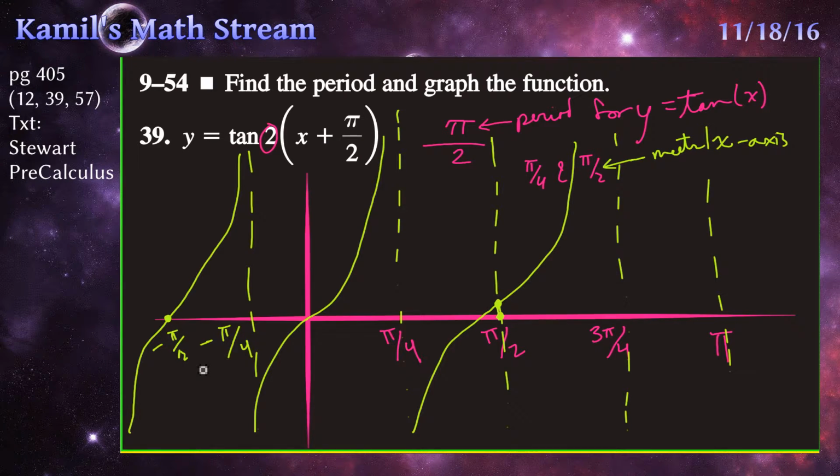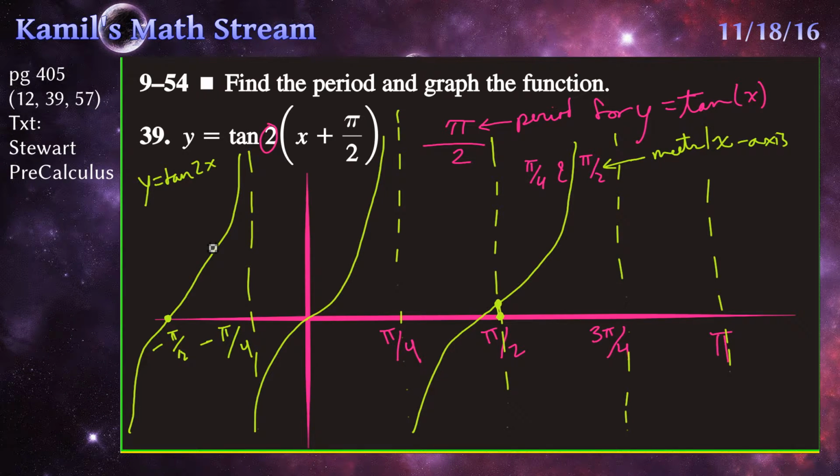Not exactly. What we've drawn is the graph for y equals tan 2x. What we're looking for is a shift of pi over 2. What does that mean?